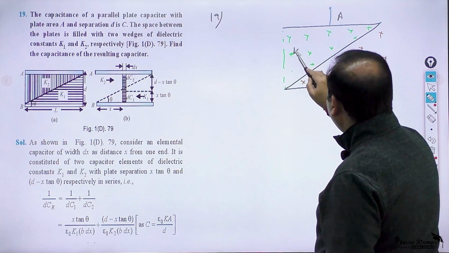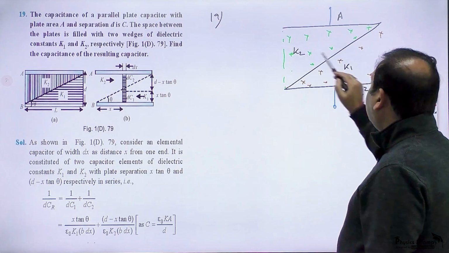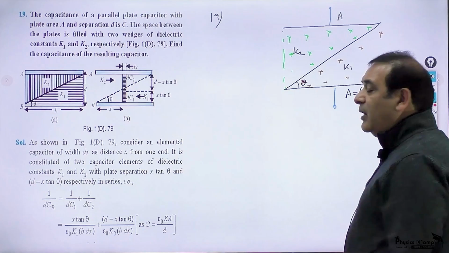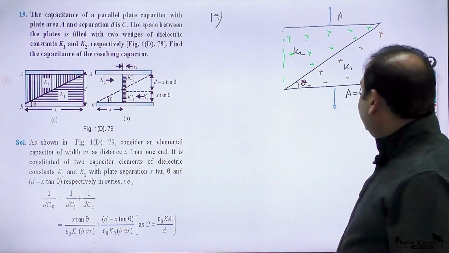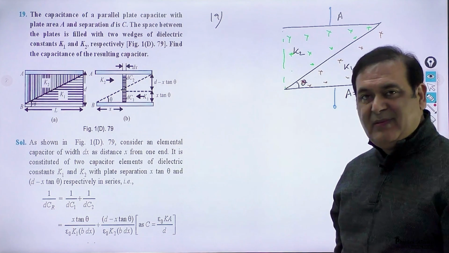So in the lower part the dielectric constant is K1, and in the upper part the dielectric constant is K2. Let this angle be theta. We are looking for the equivalent capacitance.